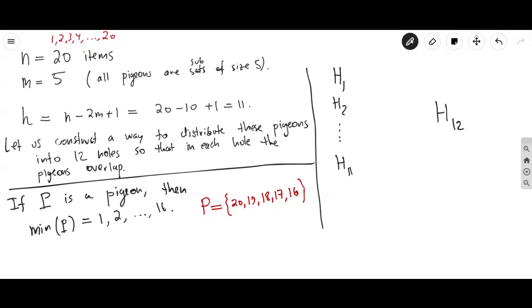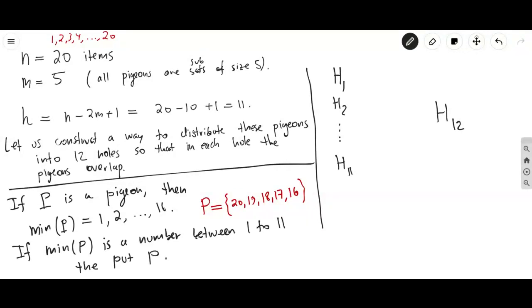Okay, so if the minimum of P is a number between 1 to 11, then put P into that hole.